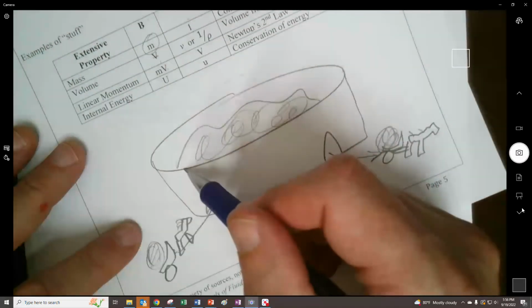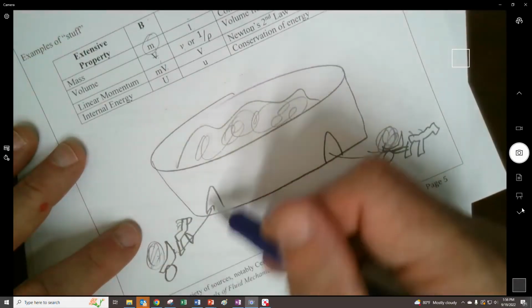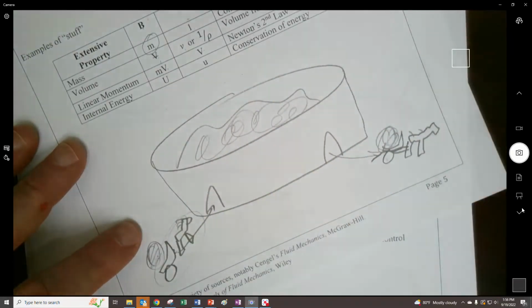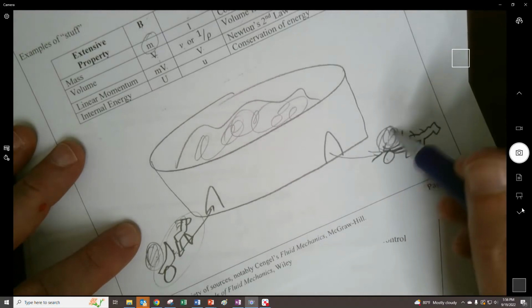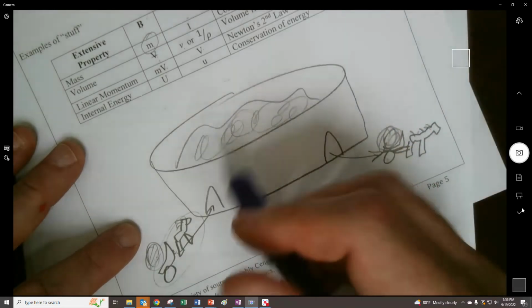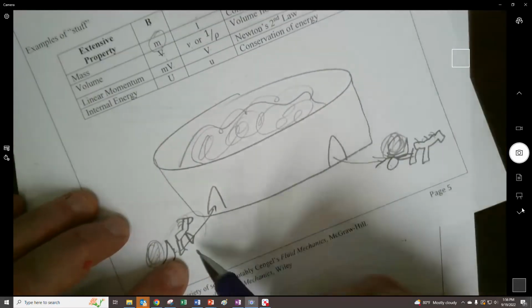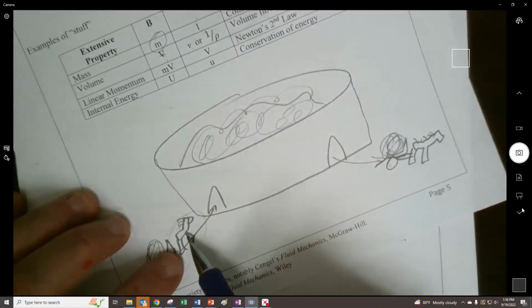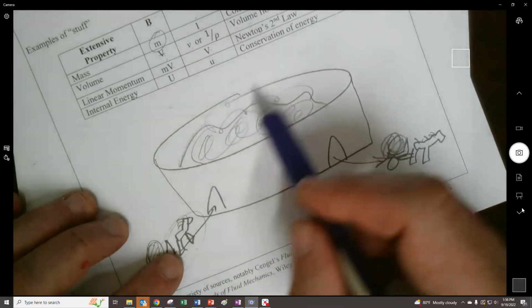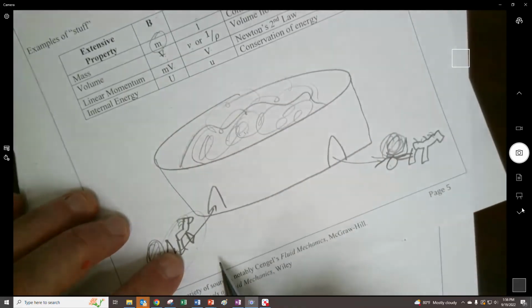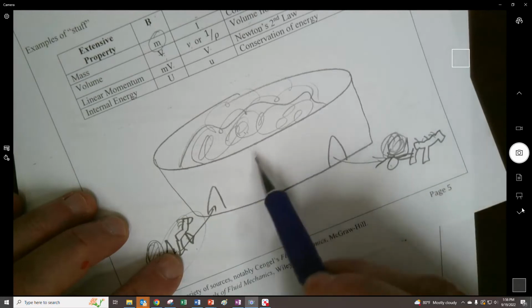Well, if the mass is the stuff, mass is obviously transporting mass. It's sort of self-referential here, but if these two are different from each other, like if this one's greater than this one, that means the amount of mass inside the control volume is going to get bigger and bigger, and vice versa.